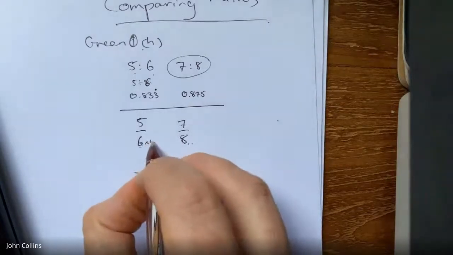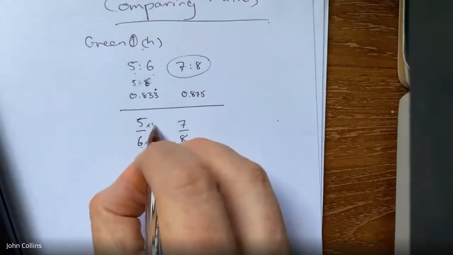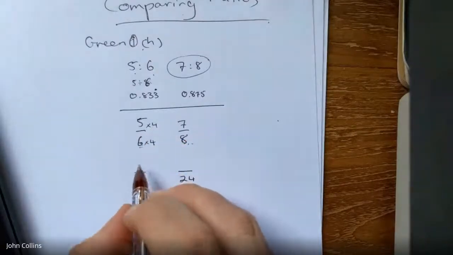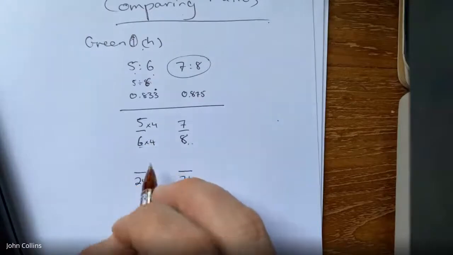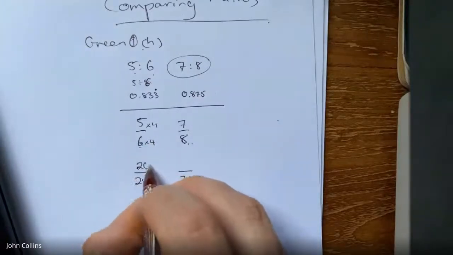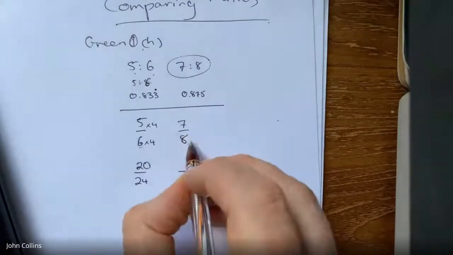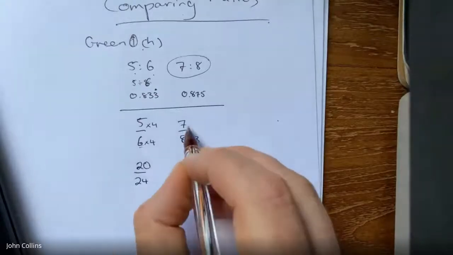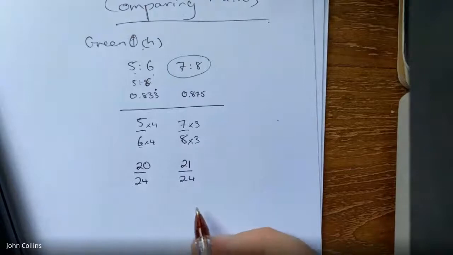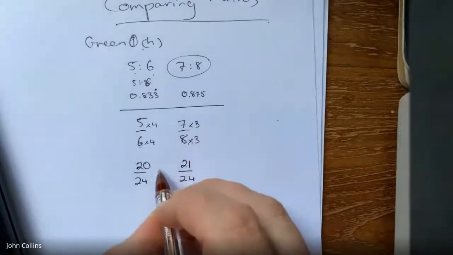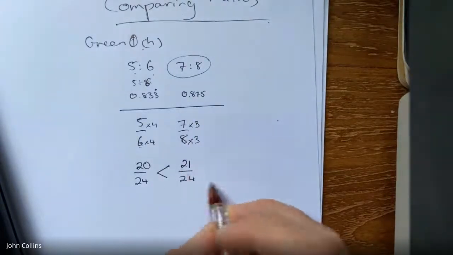Because 6 times 4 is 24, so I multiply the top by 4. 4 over 4 means it's equivalent if I multiply by the same number above and below. So it's 20. This 8 times 3 is 24, so I multiply by 3 on top, and that's 21. So now they are comparable, which means this one is bigger.